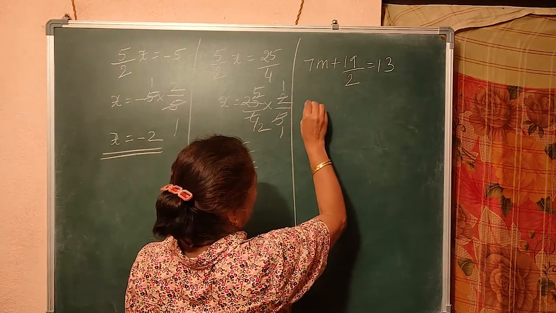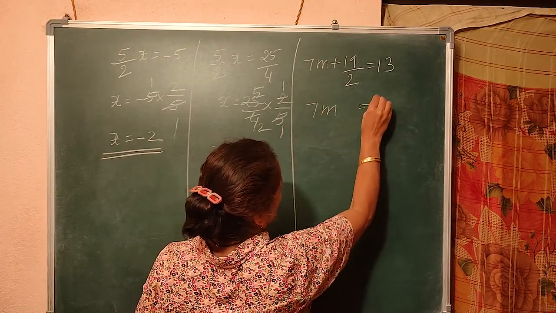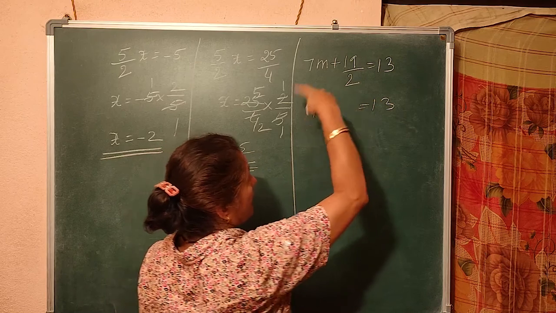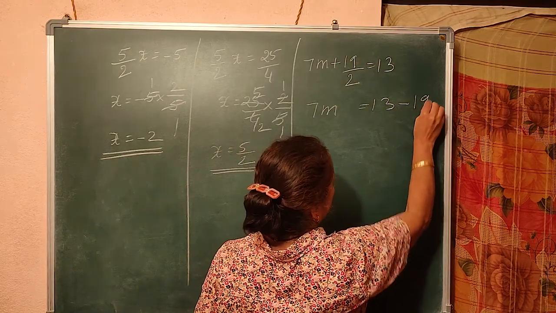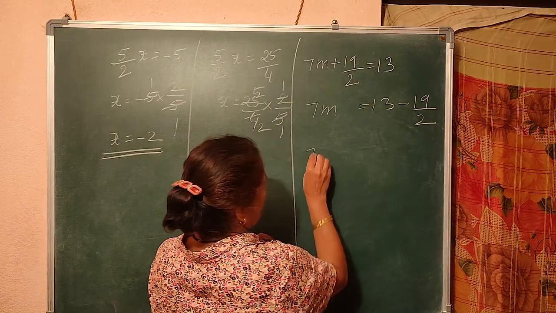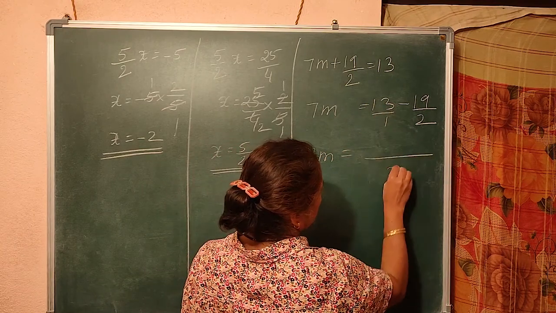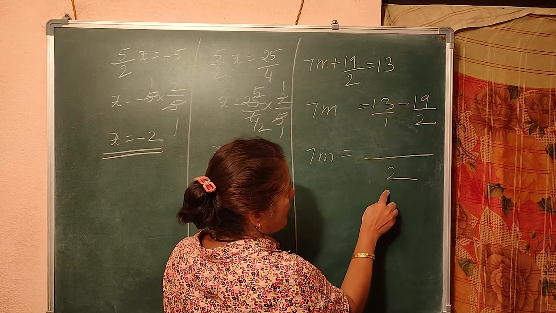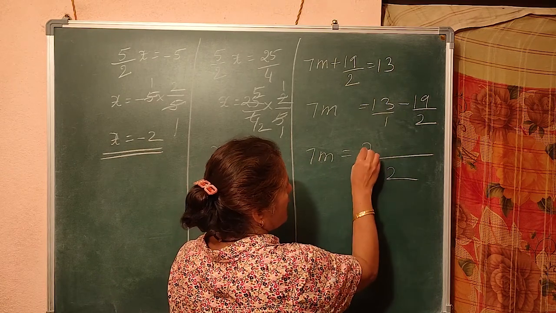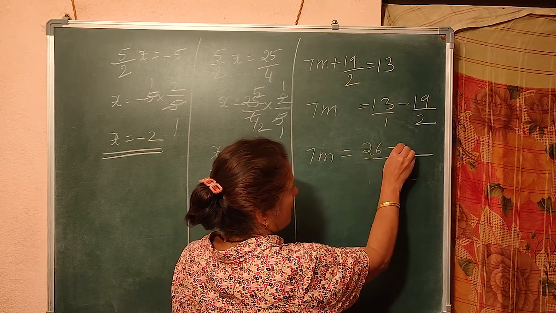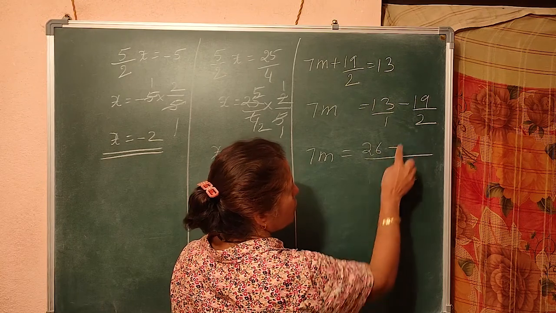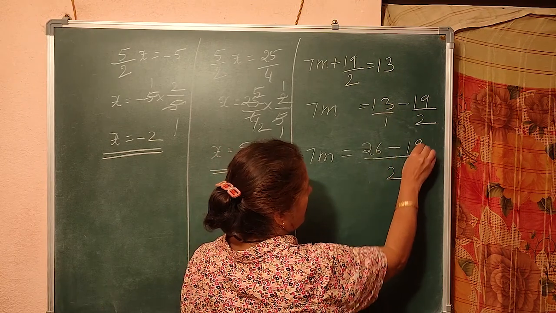Here 7m is equal to 13 plus 19 by 2, which goes that side as minus 19 by 2. So 7m is equal to, take the common denominator 2: 1 2s are 2, 2 13s are 26, minus 19.